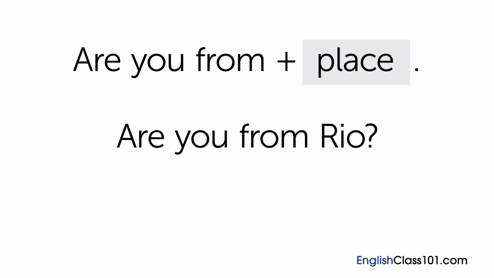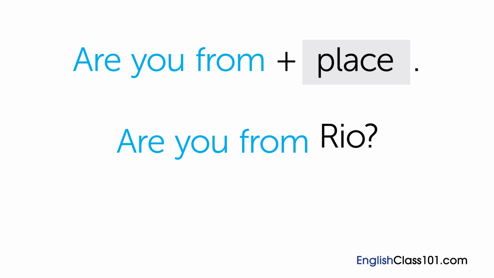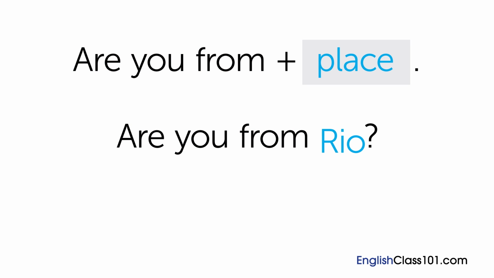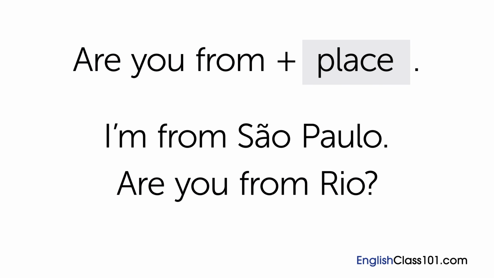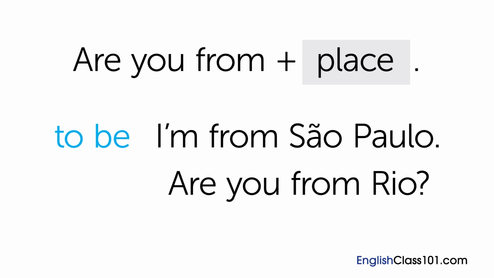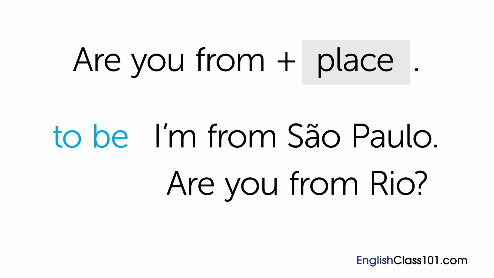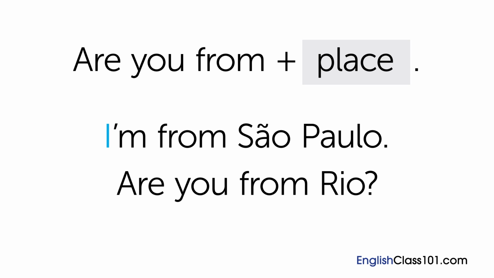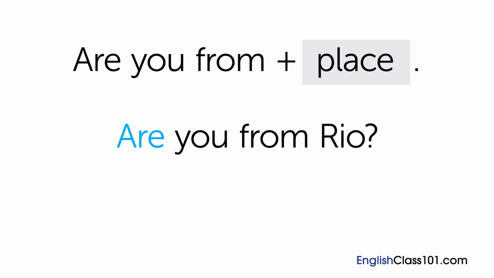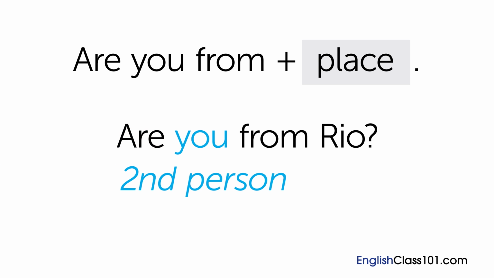The structure is, Are you from plus a place name. It's similar to the above expression, I'm from Sao Paulo, except that the verb to be, which has been contracted with the word I to make I'm, has been moved to the beginning of the sentence and put in the second person, along with the subject.